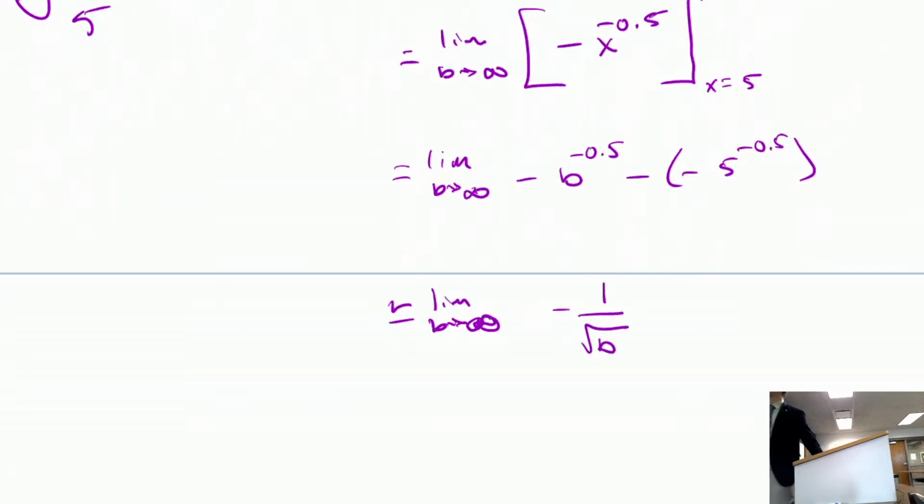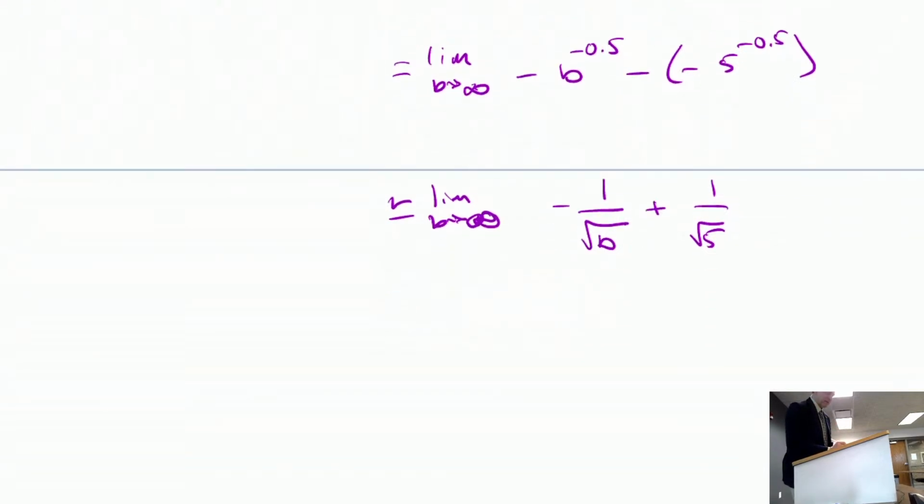That's what b to the negative 0.5 means. And this will be plus 1 over the square root of 5, the double negative there. Now you just have to ask yourself, what does this limit equal? So the limit as b approaches infinity of this thing is going to be 0, because if you put a big number in the denominator of a fraction, it ends up making the fraction really, really small.